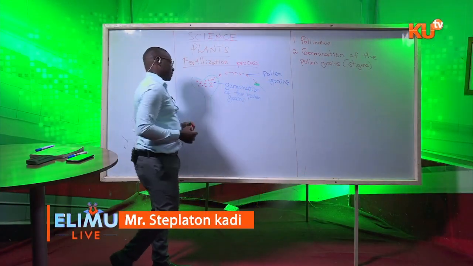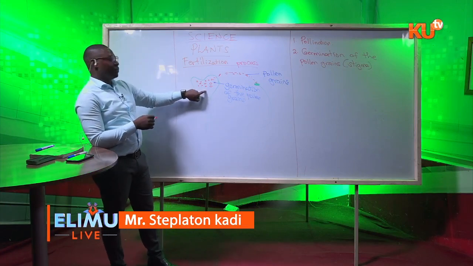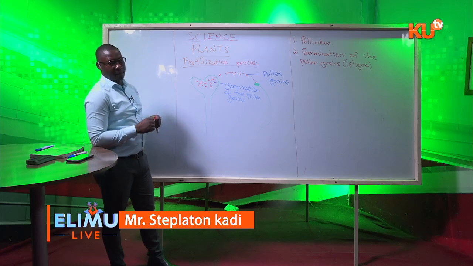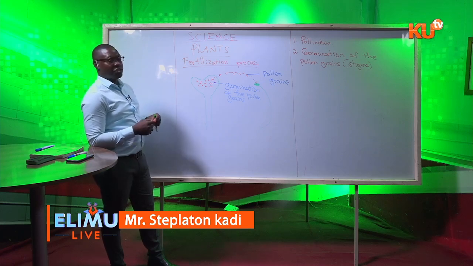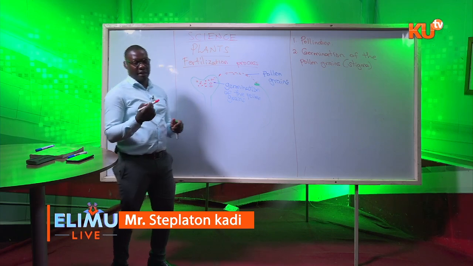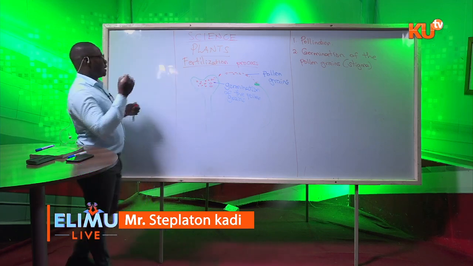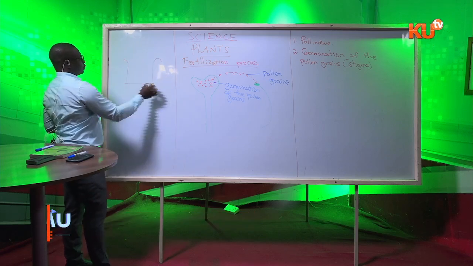So germination of the pollen grains takes place in the stigma. And to investigate this, you can do it practically, whereby you take sugar solution.